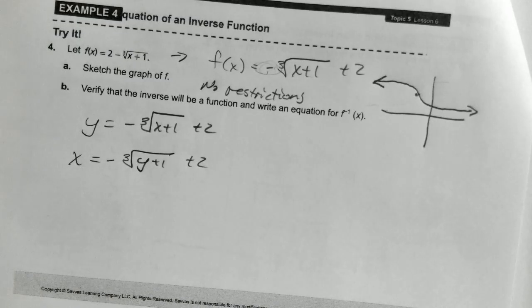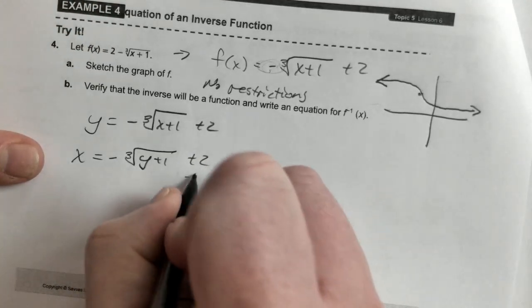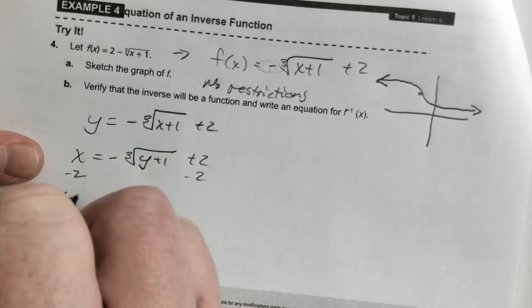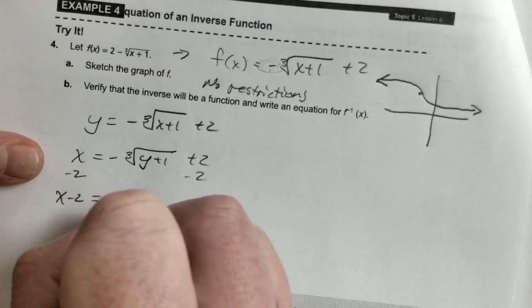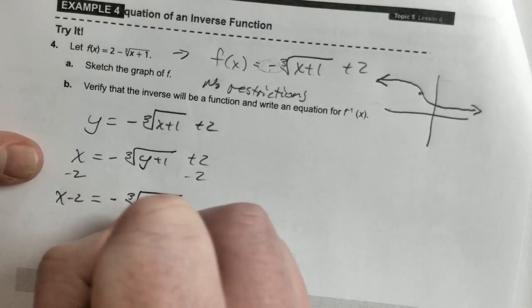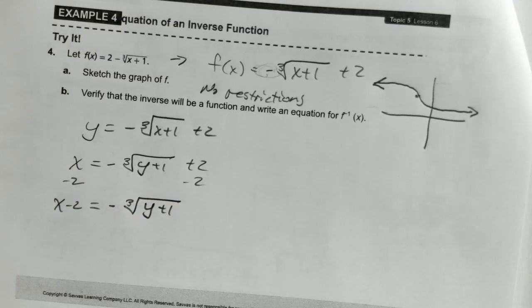Now what's going to be your next step? Perfect. So x minus 2 equals negative cube root of y plus 1. What's your next step?